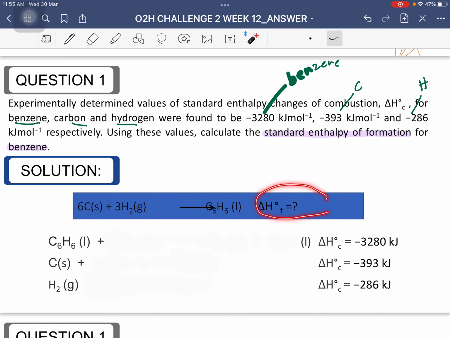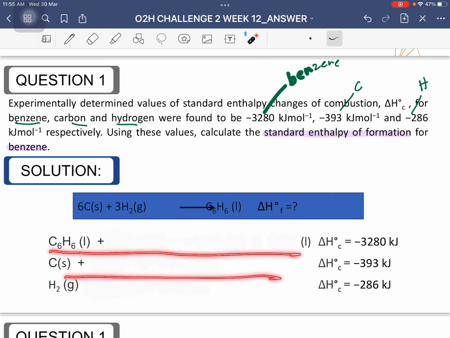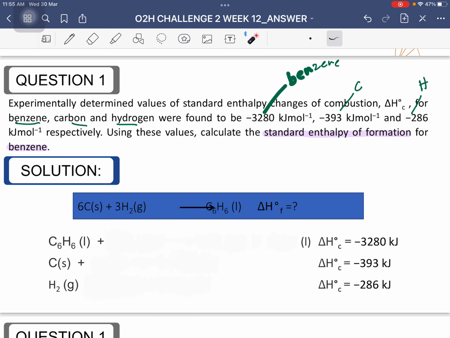Therefore, we need to find the enthalpy of formation of benzene. Given the enthalpy changes of combustion of benzene, carbon and hydrogen, we need to construct the thermochemical equation for the combustion of each of these compounds.